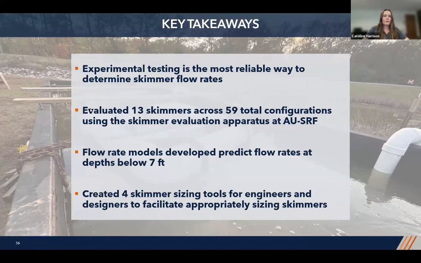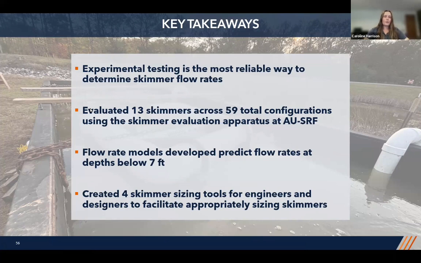Experimental testing is really the most reliable way to determine skimmer flow rates. Here we evaluated 13 different skimmers across 59 total configurations for sediment basin and post-construction basin applications using the skimmer evaluation apparatus at the Auburn University Stormwater Research Facility.